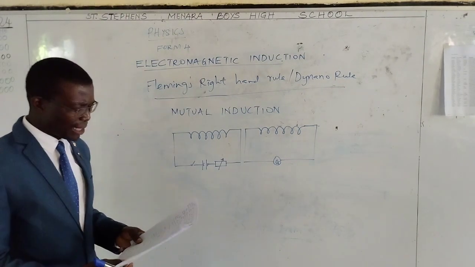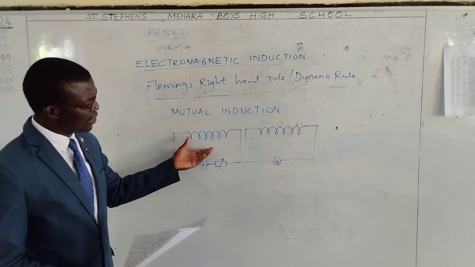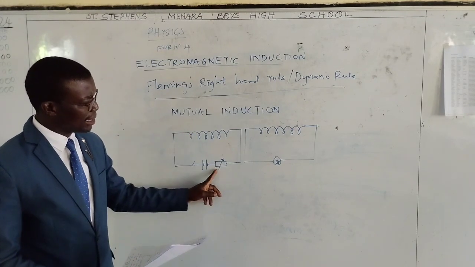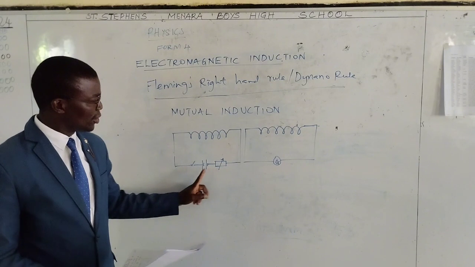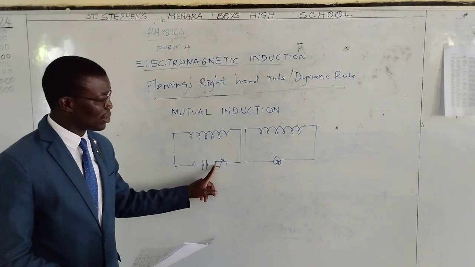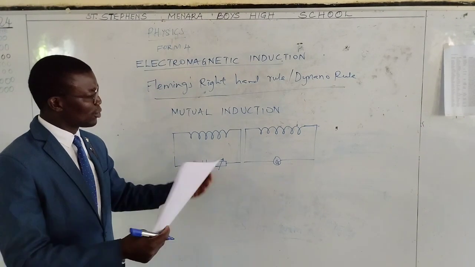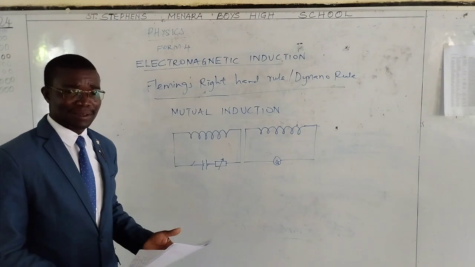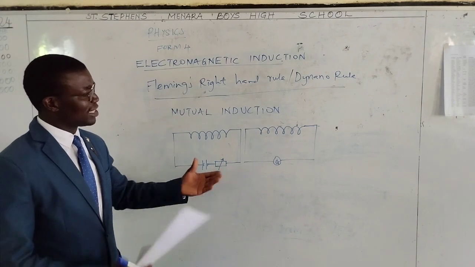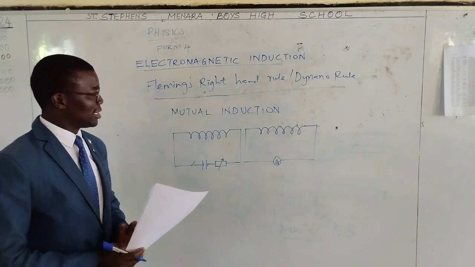Now, if the two coils are put together, then changing current in this primary coil, how do we change current? By the use of a rheostat. So we switch on the circuit, then change current very slowly using a rheostat. Then that constitutes changing current. And in Form 2 we learned that anytime there is a flow of charges in a conductor, there must be a magnetic field around it.